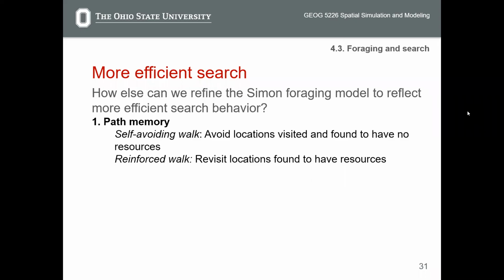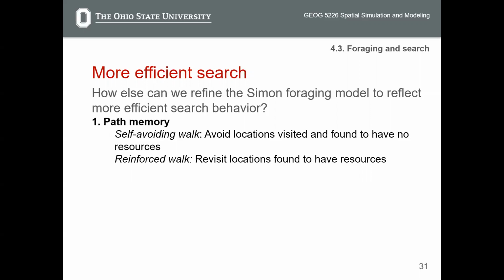Okay, let's continue with foraging and searching behavior simulation. So here in this slide, it's about the refining of the very simple Simon foraging model we discussed in the last video. It was a very similar fundamental model to simulate foraging behavior, but in reality, animals' behavior may be more complex than that fundamental model.